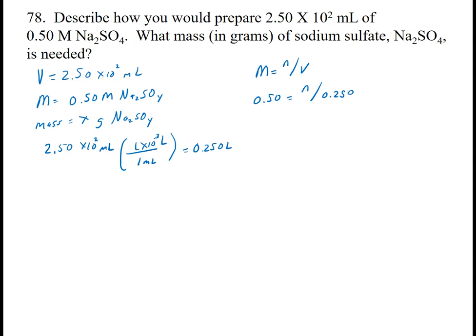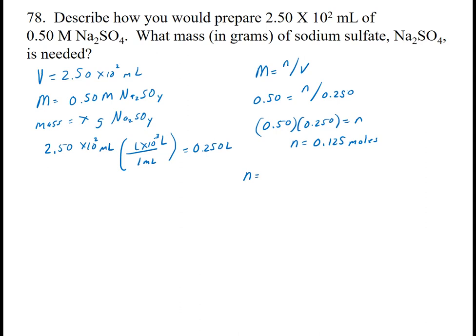I need to multiply both sides by 0.250, so 0.50 times 0.250 is equal to n. And when I do that, n is equal to 0.125, and that's in moles.